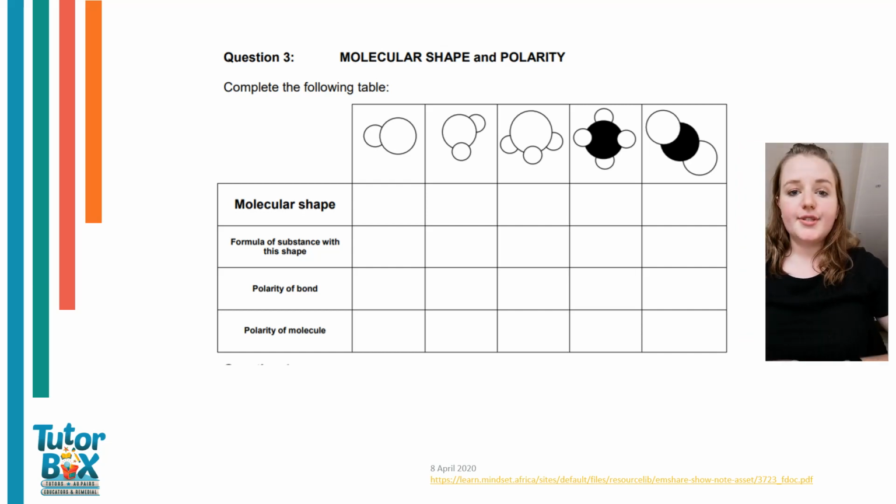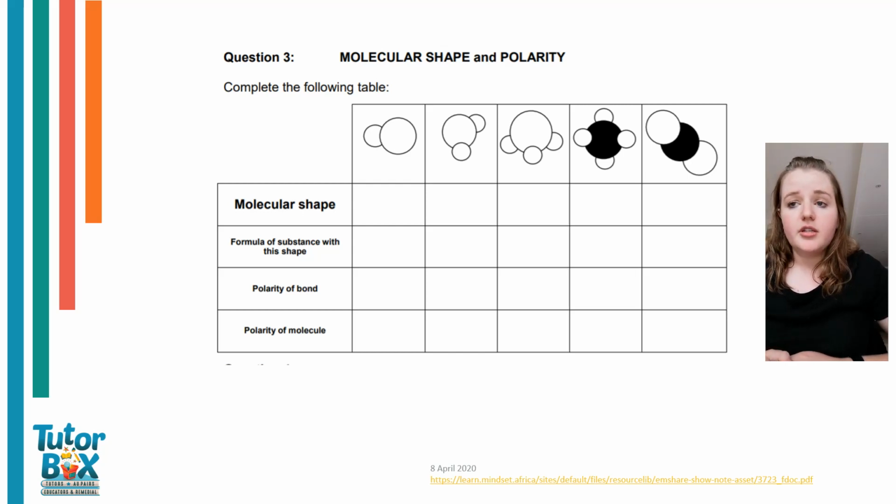The formula of a substance with this shape. For the first one, we can say HCl, for example. We know it has to be 2 separate atoms, so don't say H2 or N2, but you could say potassium bromide, anything that isn't the same, basically. The next one, we've got 1 joined to 2, so we have to have 2 separate ones.